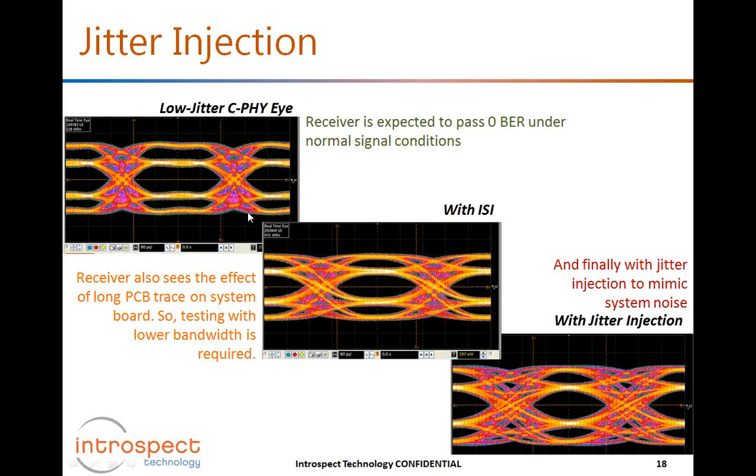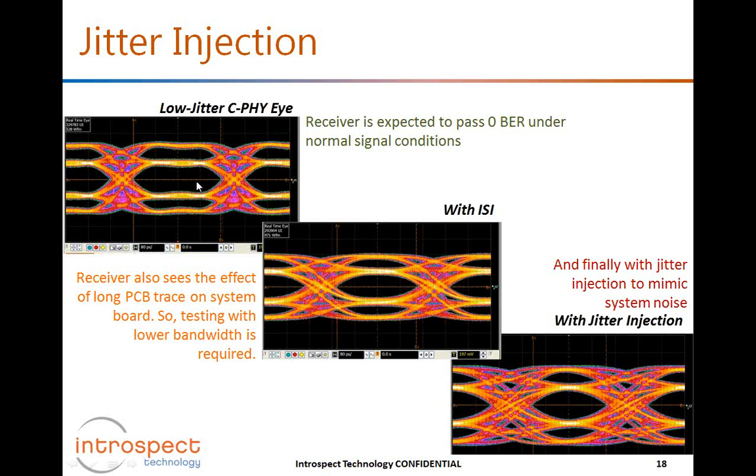So the signal on the left here is just a normal signal. In this case, we're showing a C-PHY, but you can see some sharp transitions. Signals stay high for a long time before transitioning, and so there's a big black area for decision making in the middle here. And so typically a receiver is expected to operate under this condition.